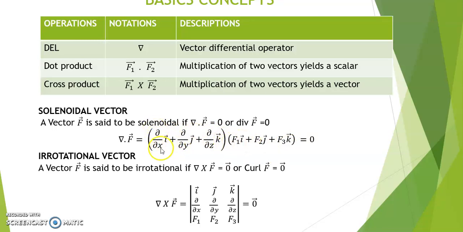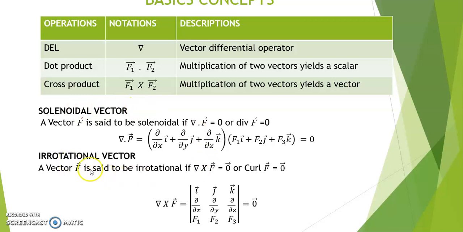So I will be writing dou by dou x of f1, dou by dou y of f2, dou by dou z of f3, differentiating f1 with respect to x, f2 with respect to y and f3 with respect to z, and I get an answer. If that answer is 0, then the divergence of the f vector is equal to 0. In other words, del dot f vector is equal to 0. Then I call the f vector a solenoidal vector.